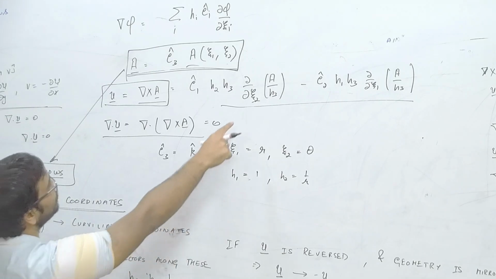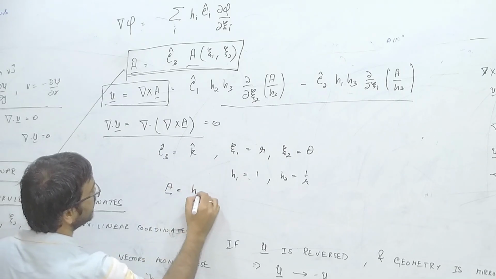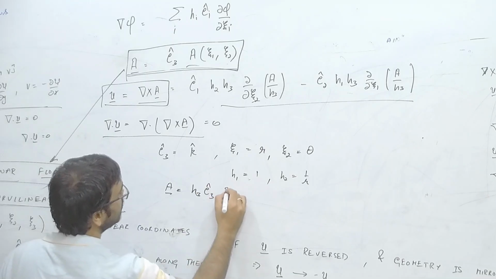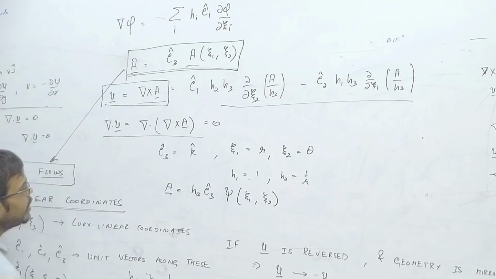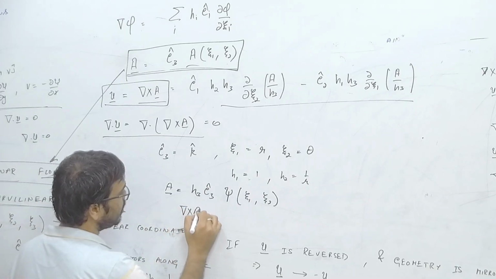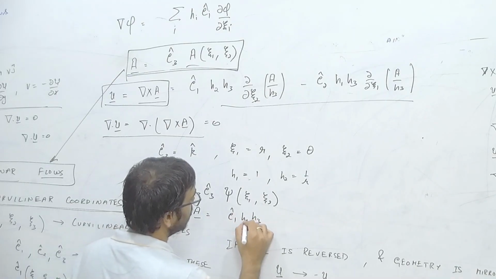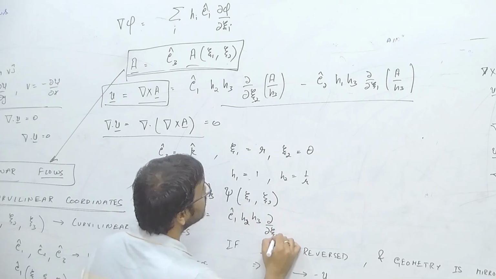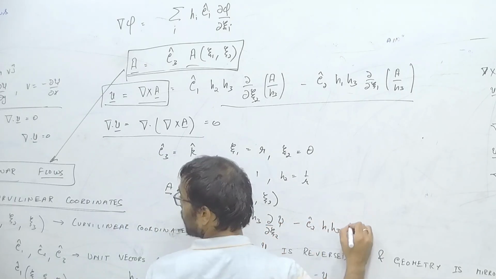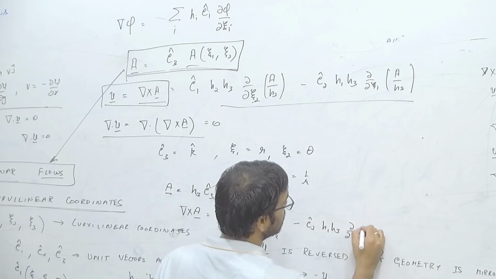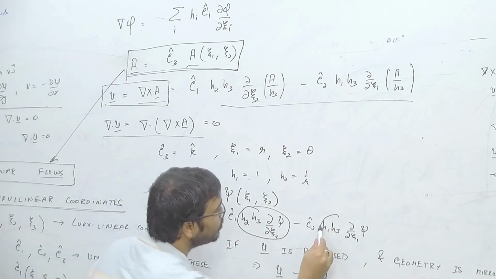Now, if I define this A vector as H3 times E hat 3 times a psi, which is a function of C1 comma C2, then I get that del cross A is given by E hat 1 H2 H3 del by del C2 psi minus E hat 2 H1 H3 del by del C1 psi. And these are your velocity components in E1 E2 direction.